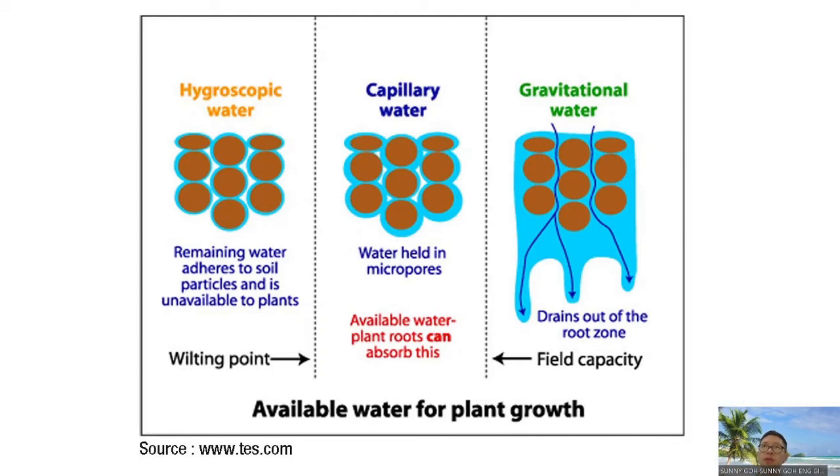The pressure I'm talking about is not the positive pressure, but the negative pressure. The negative pressure is actually the matric suction, the suction of the soil, or the attraction forces of the soil towards the water. So the water is being pulled by the soil, and as a result it creates a negative pressure. So we can relate the amount of water to the matric suction.